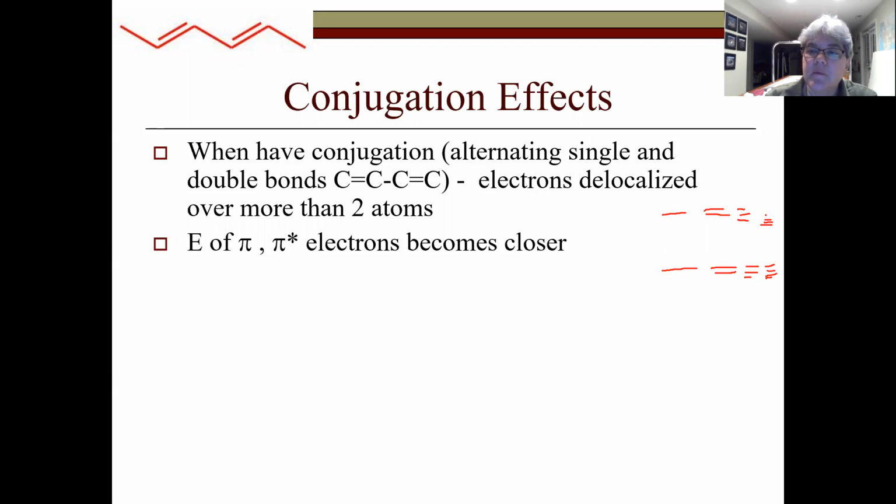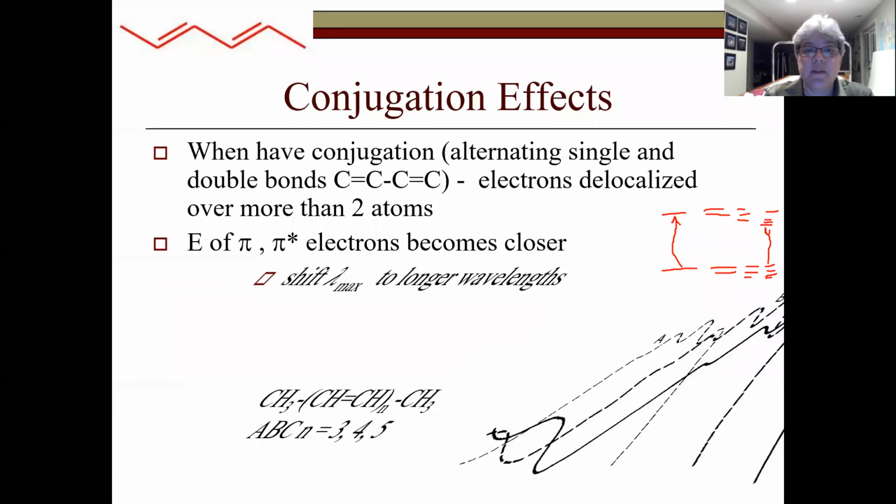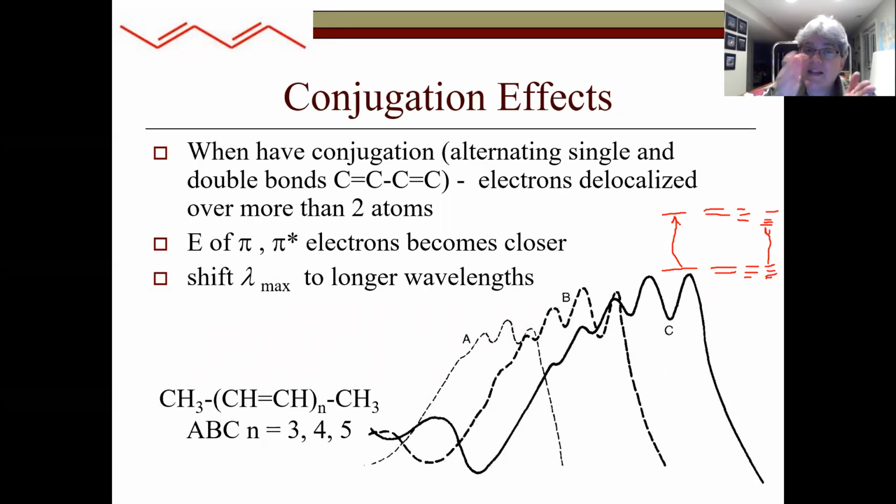And you can see the more of these I have, the smaller that transition gets. Smaller transition, smaller energy, longer wavelength. So you're going to see the maximum shift to longer wavelengths.